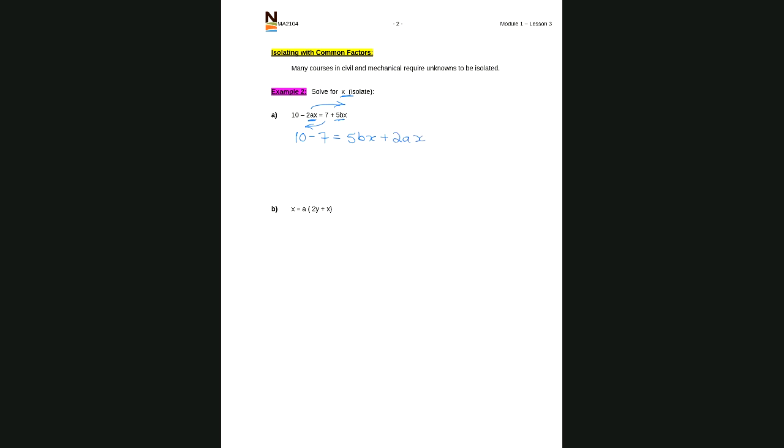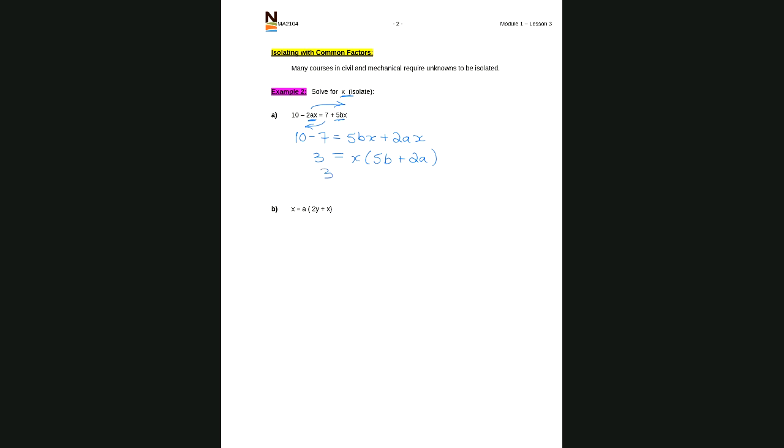Now of course the left side is 3. Now I can't add the right side. They are not like terms, but I can take out a common factor of x. And I'm left with 5b plus 2a.